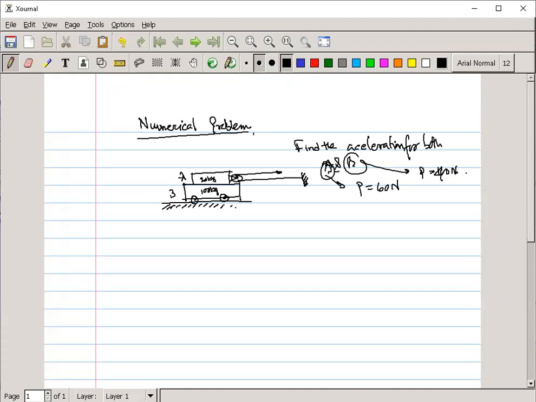Is my question clear? Find the acceleration for both the cases when we consider P equal to 60 and P equal to 40 Newton respectively, and this is your P. Is my question clear to all of you?